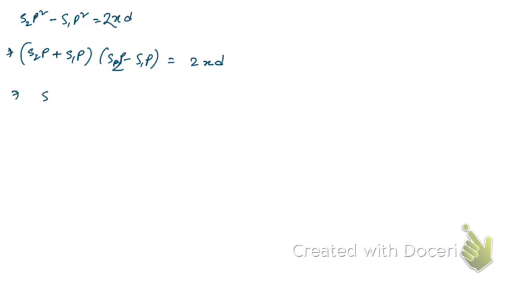So now S2P minus S1P is going to be equal to twice xd by S2P plus S1P, right?